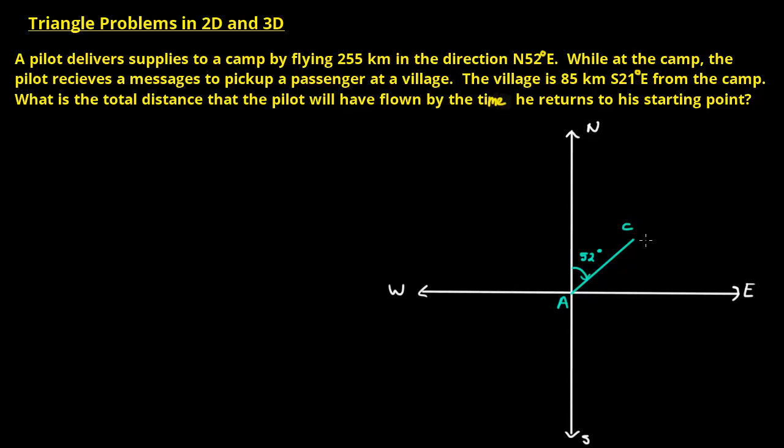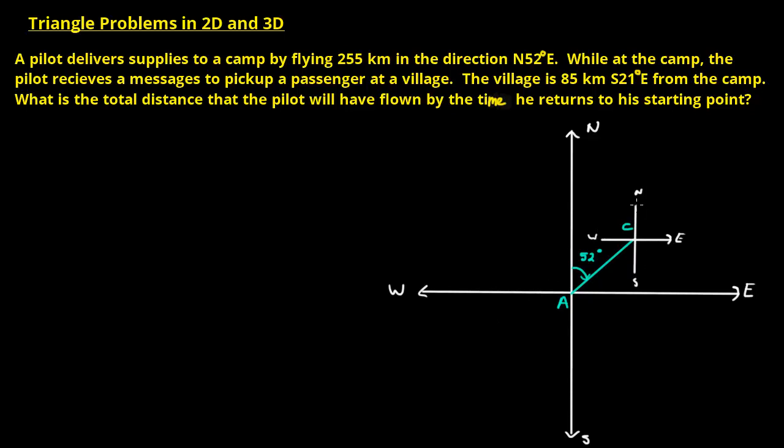And from the camp, the pilot goes south 21 degrees east. So let's draw out another set of axes here. Now this is going to be east, north, south, west.